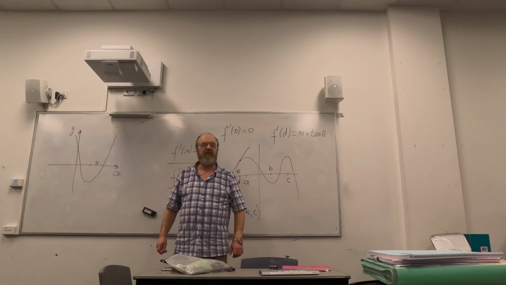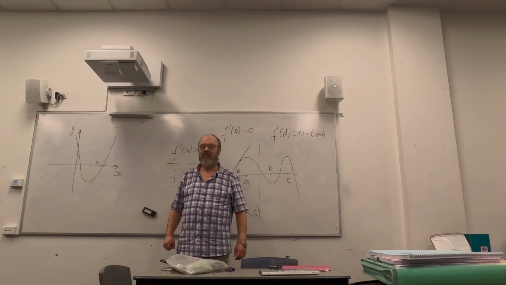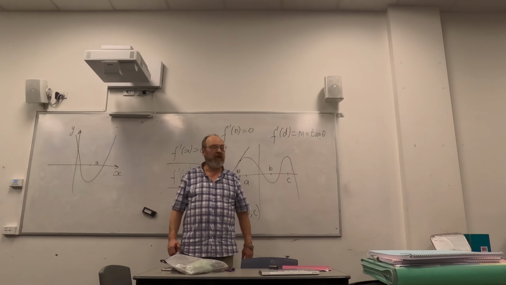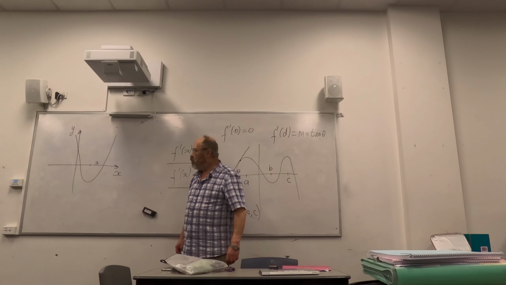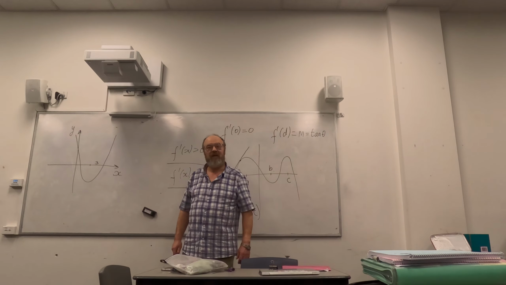What function will be the derivative of the quadratic function? A linear function, because the derivative of x squared is 2x to the first power. So the graph of the derivative will be a straight line.